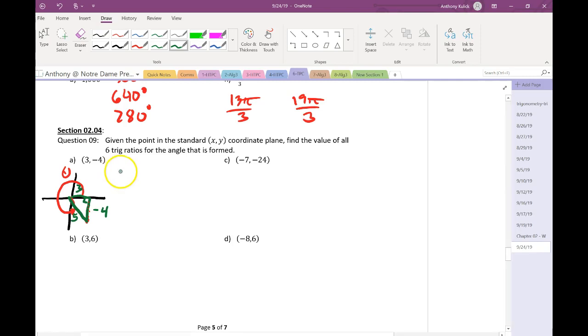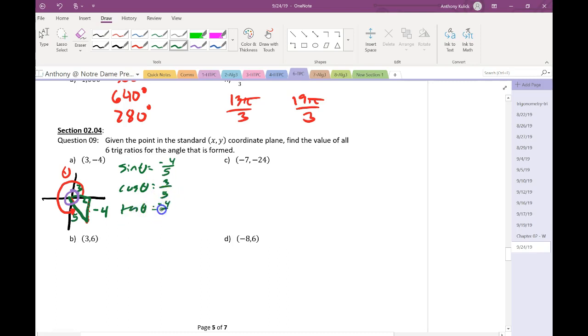And now I just do sine, cosine, tangent, just like I've done before. So sine theta is, and by theta, the angle we're talking about is this one over here, always the one that's formed relative to the x-axis, opposite over hypotenuse. Cosine is adjacent over hypotenuse.